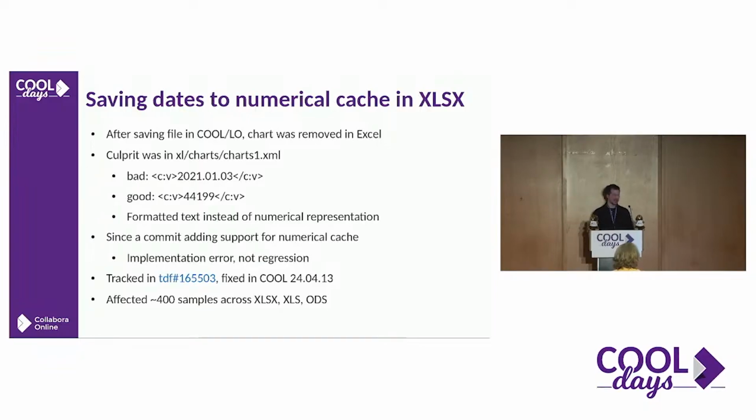And Excel didn't like this. But this was not a regression, this was an implementation error when adding support for the numerical cache. This affected about 400 samples and was fixed in 24.4.13.